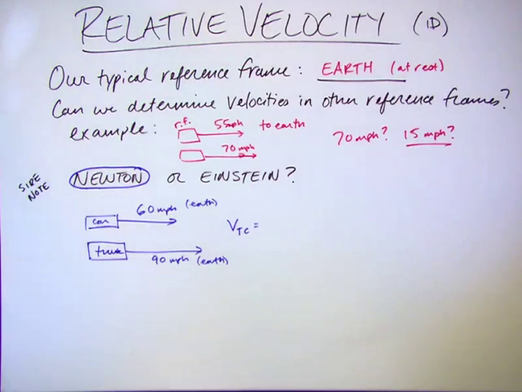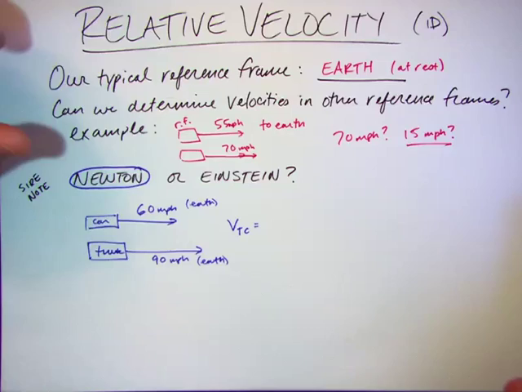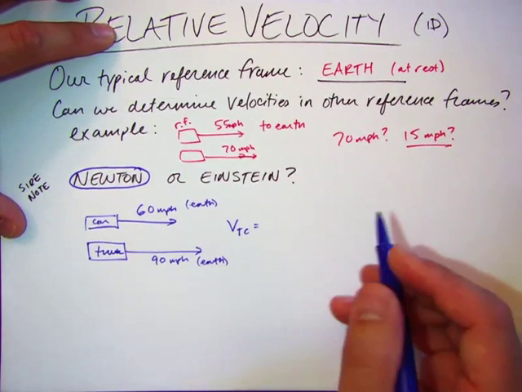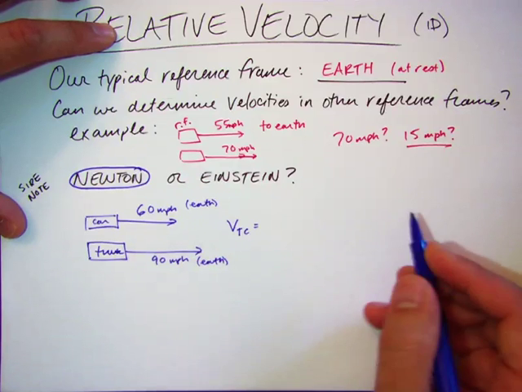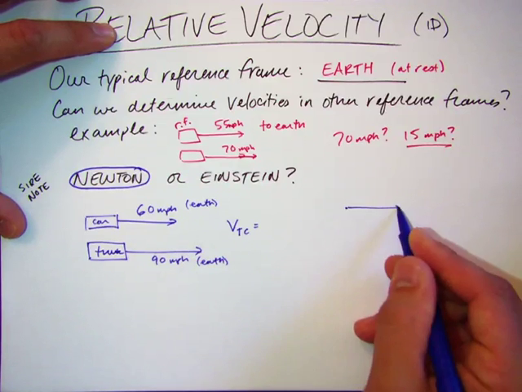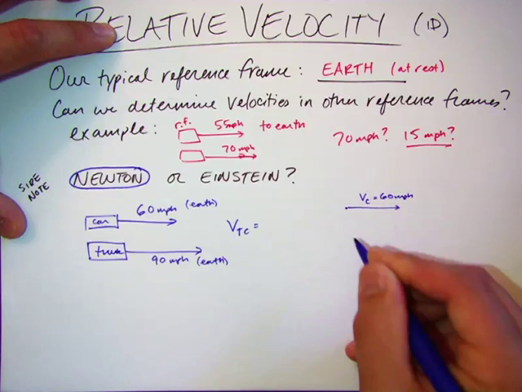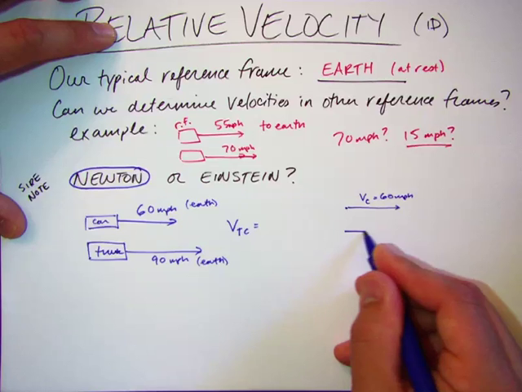To figure that out, we're going to use a little bit of a vector trick. What we do is we line up the vectors. I didn't line these up really well, so I'm going to line up my car vector. Velocity of car is 60. And then I'm going to line up my truck vector, starting at the same spot.